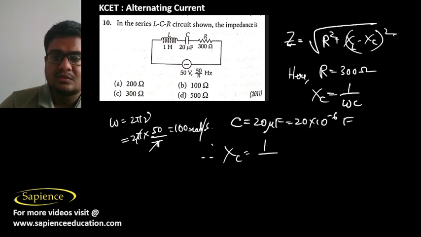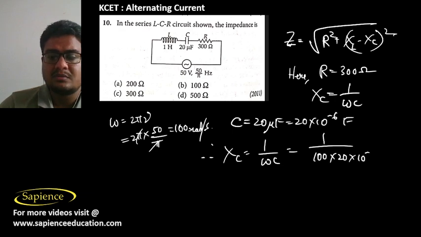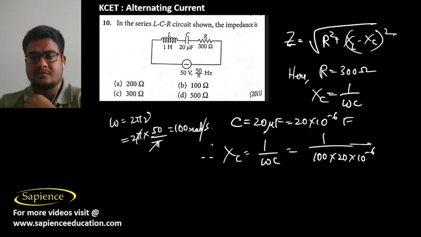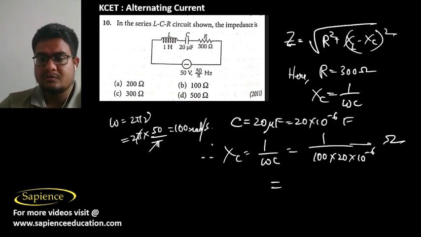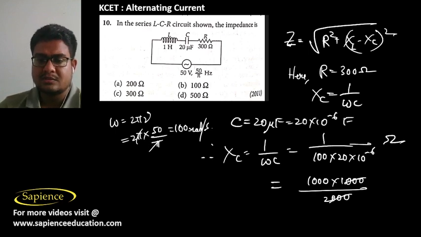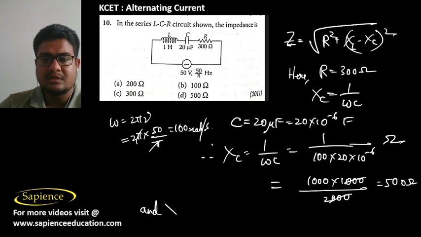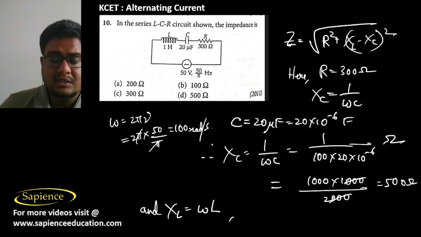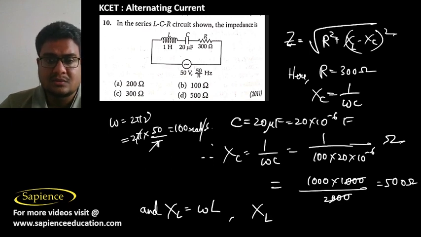So XC is 1 by omega C, equal to 1 by 100 into 20 into 10 power minus 6, which is 10 power 6 by 2000. So this is 1000 into 1000 divided by 2000, zero will cancel, so 500 ohm. Similarly, XL is omega L, which is called inductive reactance.